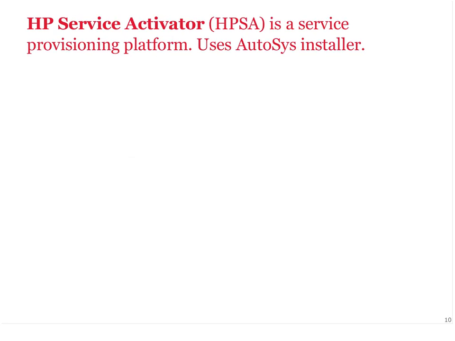In addition to that, we're leveraging HPSA, the HP Service Activator, for service provisioning. So this is a wrapper around the AutoSys installer that I wrote as a script. That's a wrapper around the vendor-provided silent installs. As you can see in this screenshot, we're deploying to 4 machines via HPSA.